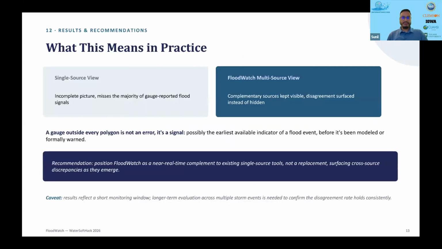Next, please. The practical takeaway message is that a single-source view is an incomplete picture and misses the majority of cases with reported flood signals, and our FloodWatch provides multi-source views, complementary sources, to keep the visible disagreement surfaced instead of hiding it. Gaps outside every polygon are not an error, they are the signal, possibly the earliest available indicators of the flood event before it has been modeled, formally warned, or updated by the federal agencies.